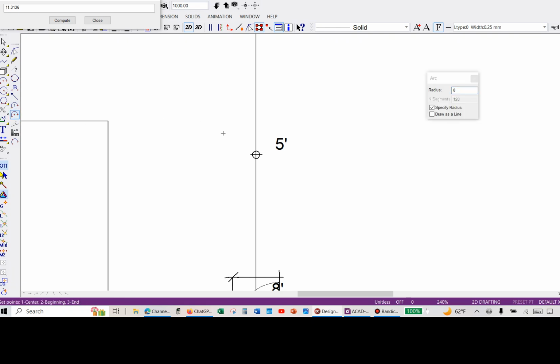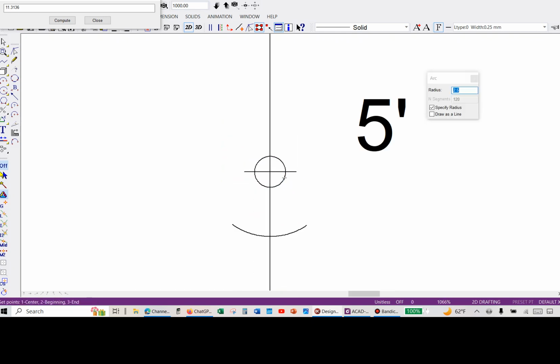So you're going to do an arc. 2.5. F3, F4. Oh, no, that's not working.